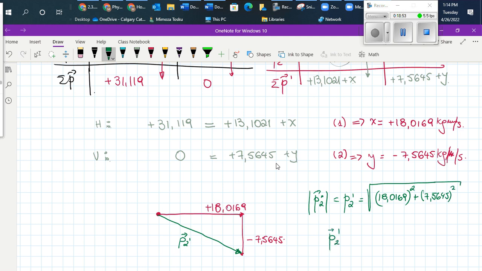So the magnitude of momentum 2 prime will be 19.54 kilograms meters per second.